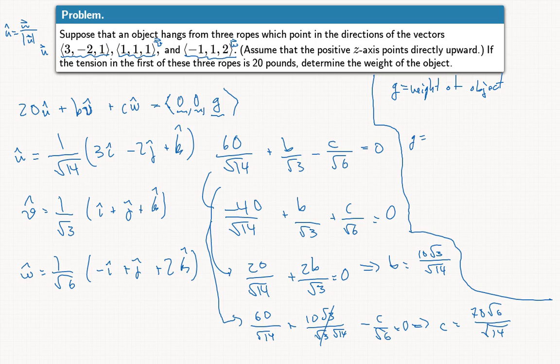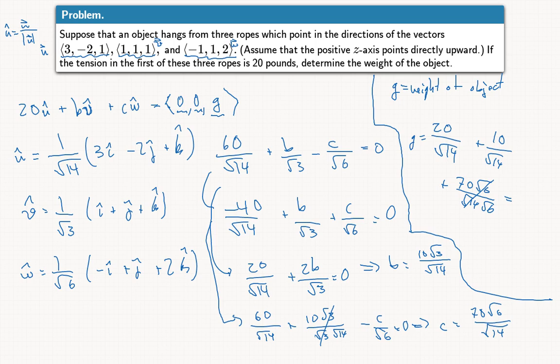No, g will be 20 over root 14 plus 10 over root 14 plus 70 root 6 over root 14 root 6.